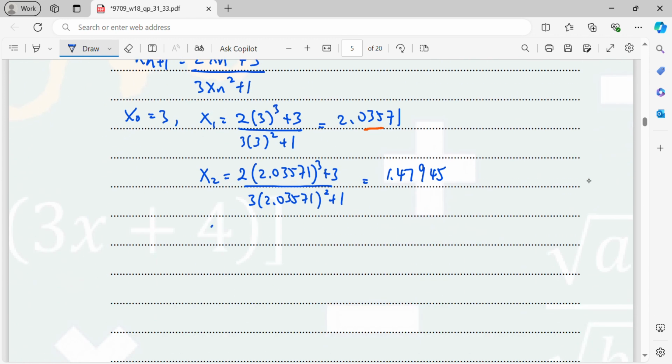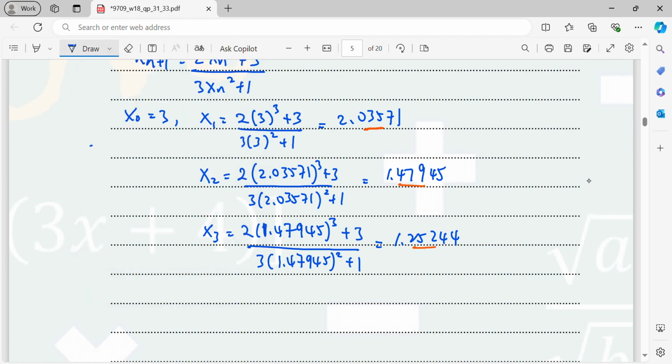Then just continue to get x3. Then you will be getting 1.25244. When you compare 3 decimal places, still different.